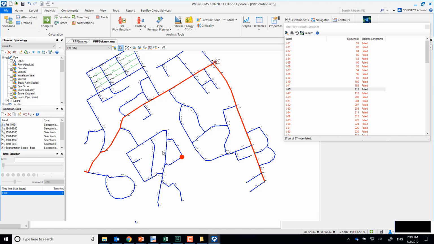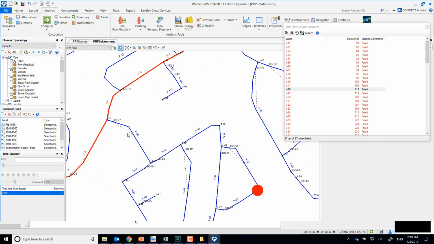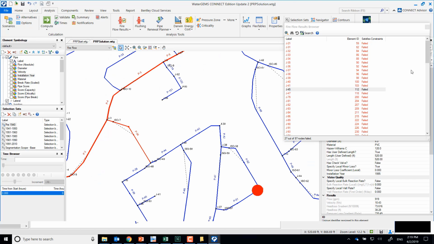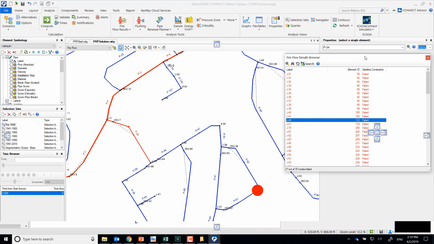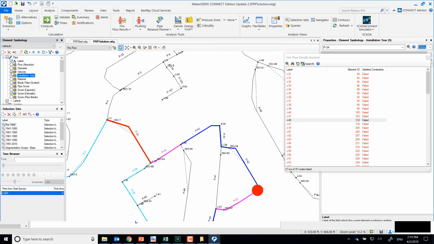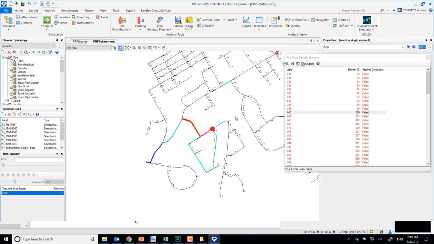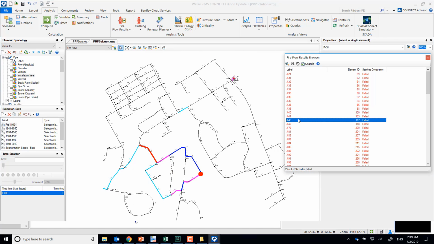because the flow has to go through this pipe, which is small diameter pipe. It's 6 inches, and typically the high velocity is there. So if I color code by velocity, you're going to see that. Let me zoom out a little bit, and you can see when I'm running a flow on J45, it fails, and the possible culprit is this guy that keeps showing red, right?